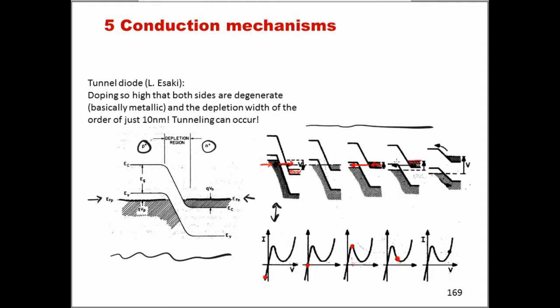So there is a decrease in the number of available states that can effectively tunnel. This means the current is decreasing. And that's why we understand now that the IV characteristic of a tunnel diode goes through a local maximum.